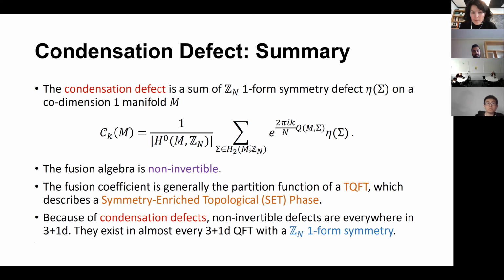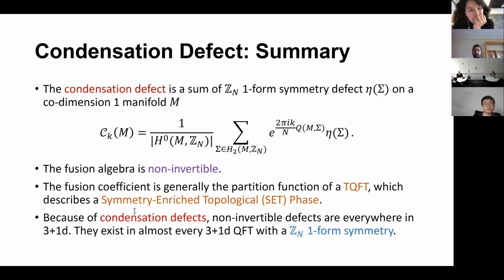So in general, a way to summarize is that this TQFT will describe a symmetry enriched topological phase, which I call SET. A symmetry enriched topological phase is essentially some topological order, some TQFT, which couples to background gauge fields for some symmetry. So the slogan here is that the fusion coefficient is the same as the partition function of an SET.